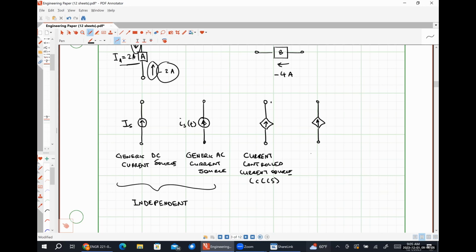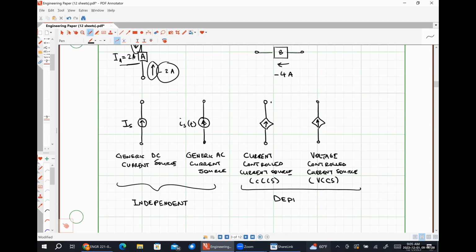And the one on the right will be a voltage controlled current source, VCCS. Abram, did I get my initials correct this time? Thank you. All right, so these are examples of dependent sources.